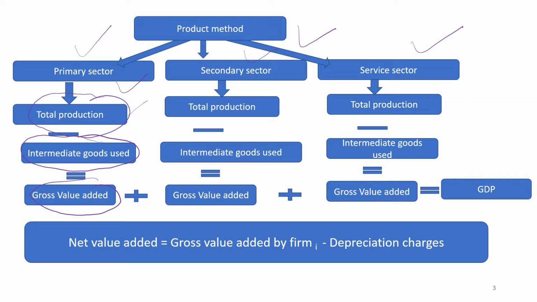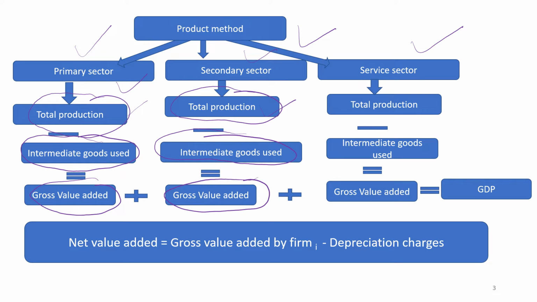In a similar manner, for the secondary sector, or manufacturing or industrial sector, consider the total production and deduct intermediate goods used to produce the goods and services. Then you will get the gross value added.